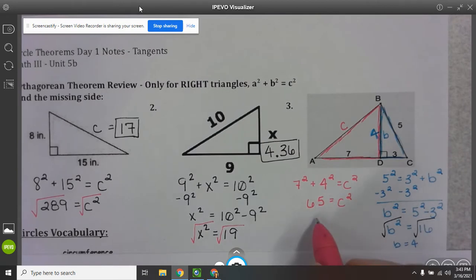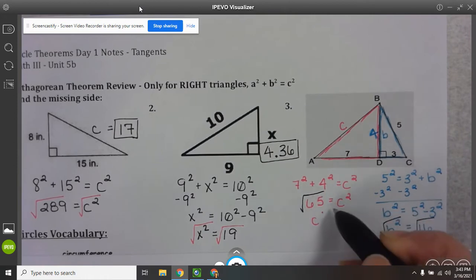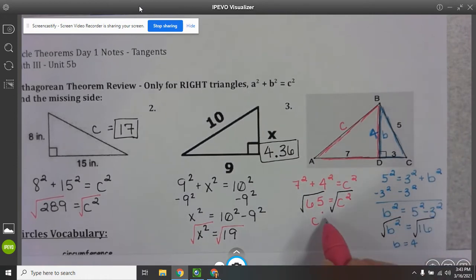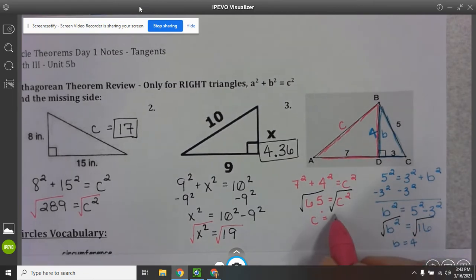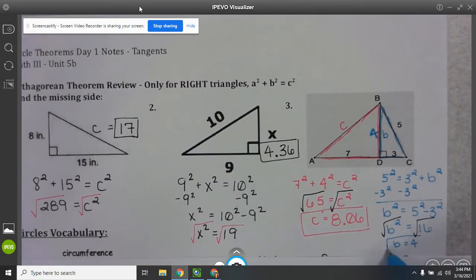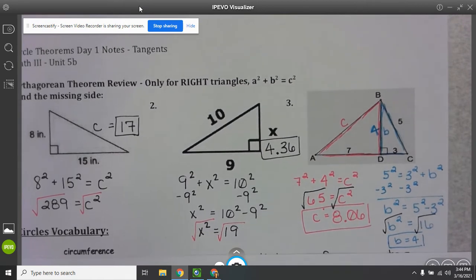So this is not going to be a pretty number. Oh, I have to take the square root. So C, the square root of 65 is 8.06. So that's one of my answers. And there is my other answer.